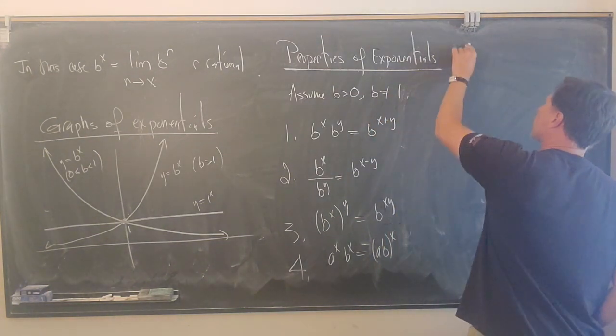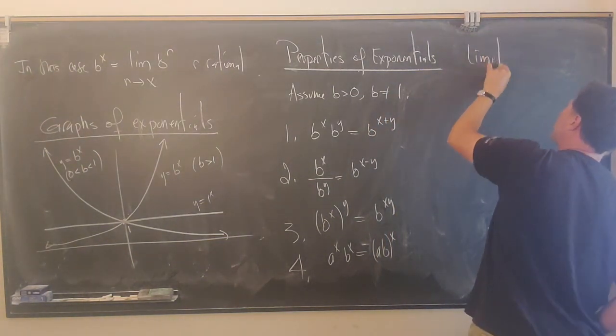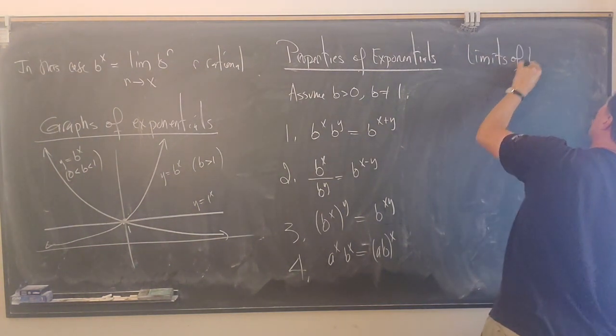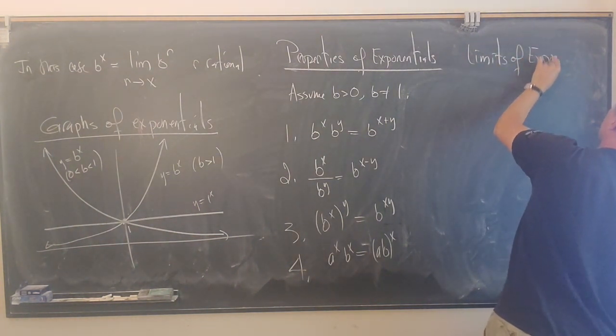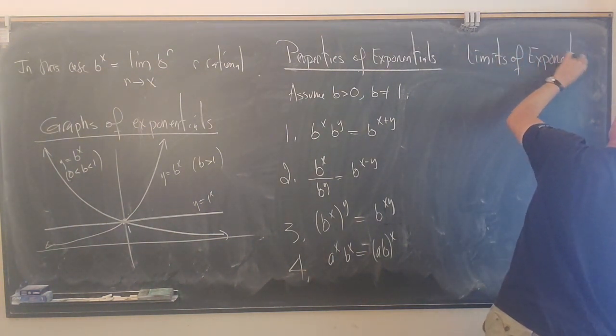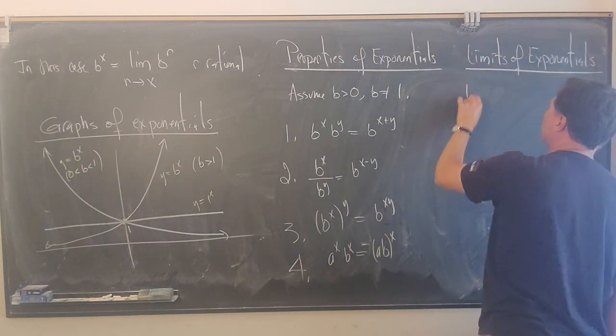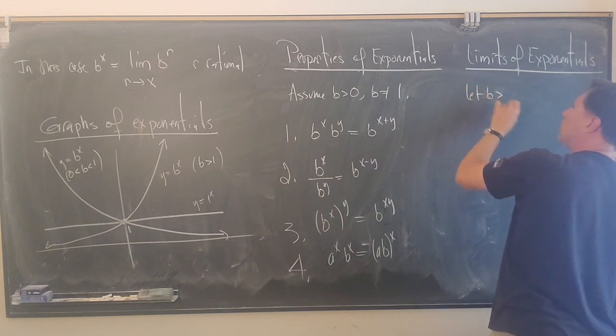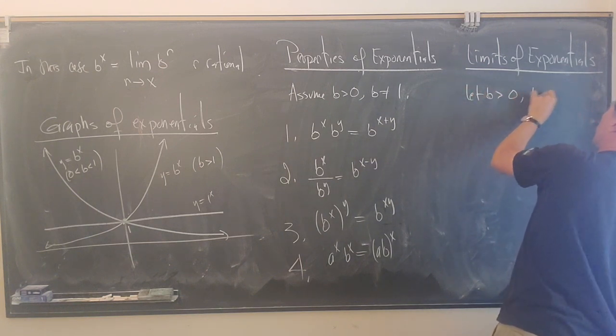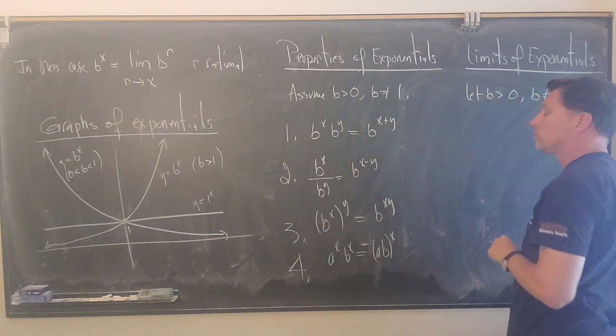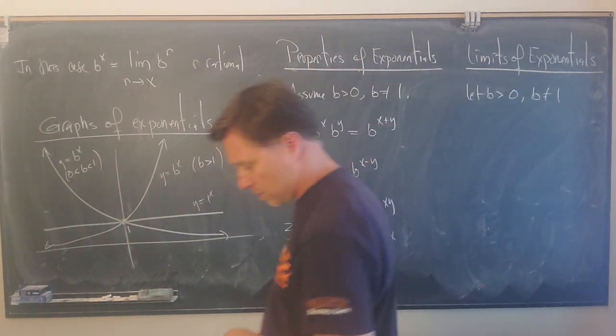Okay. And then the next thing, these are also properties, but this is limits of exponentials. So same thing, let's let b be greater than 0 and b not equal to 1. Three properties here.